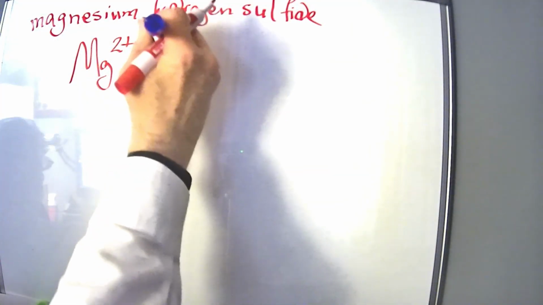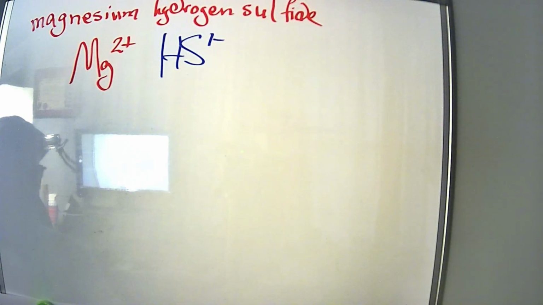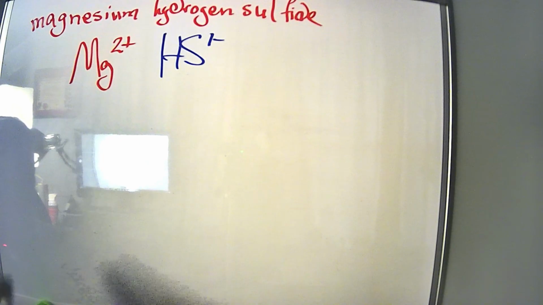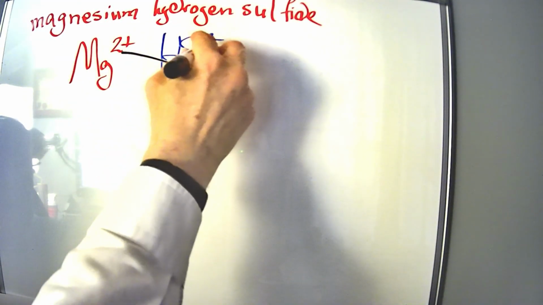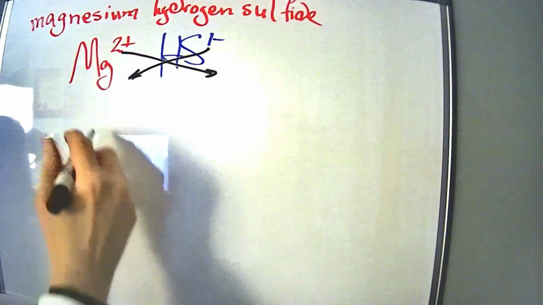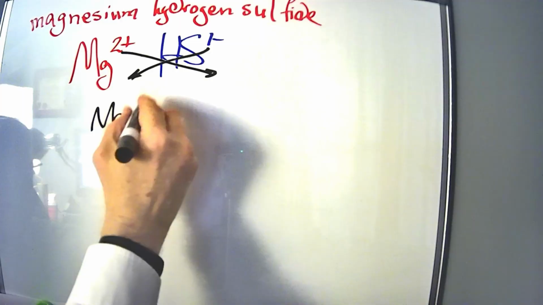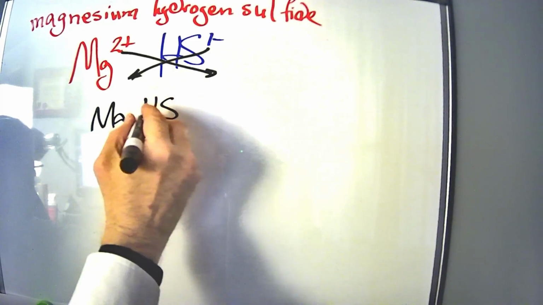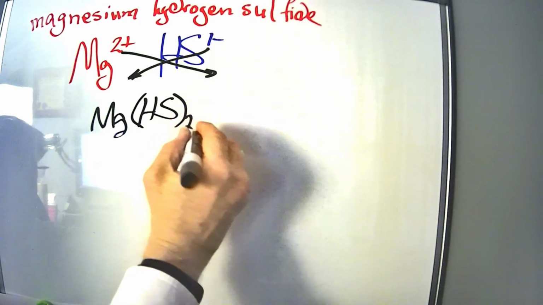Hydrogen sulfide is HS with a 1 minus charge. So I'm going to need 2 hydrogen sulfide ions and 1 magnesium ion. So 1 magnesium ion, and then for the hydrogen sulfide ion, I need 2 of them. So put the polyatomic ion in parentheses and then your subscript.